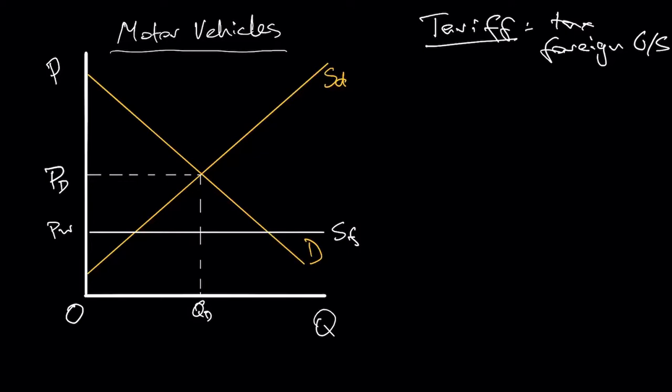A tariff is designed to increase the price of a foreign good or service so that the competing domestic good receives a price benefit. The other thing to note is that it's also an important source of revenue for the government. There are a few different reasons why the government might choose to impose a tariff on a foreign good.